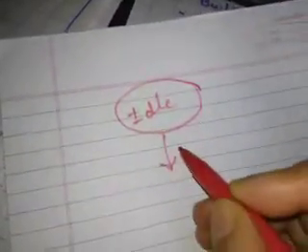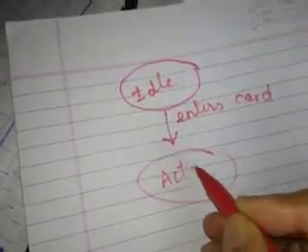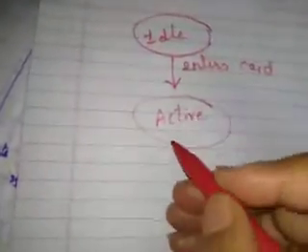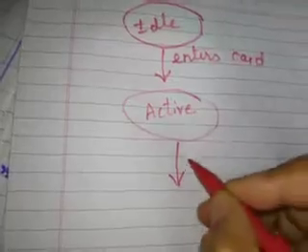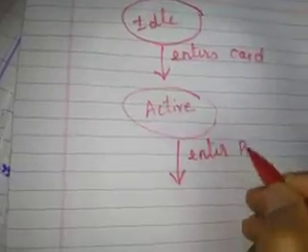Now we have an ATM machine. Previously it was in the idle state, right? From the idle state, whenever the customer enters the card, it moves to the active state. When it is in the active state, we start with the event enter pin.